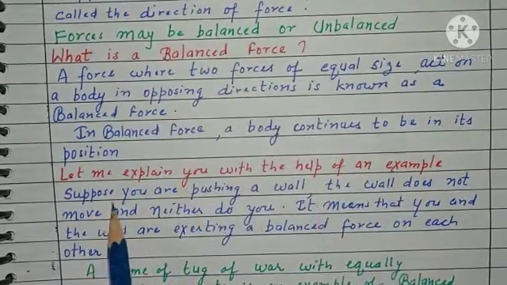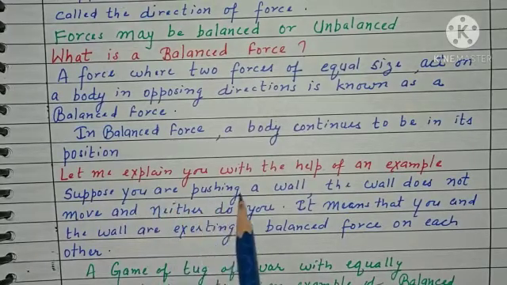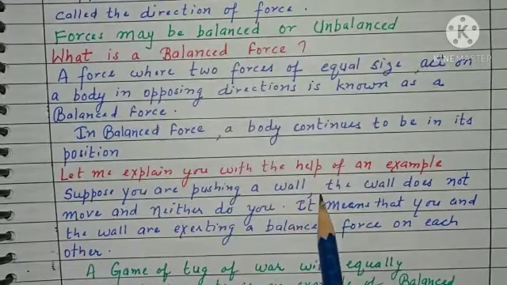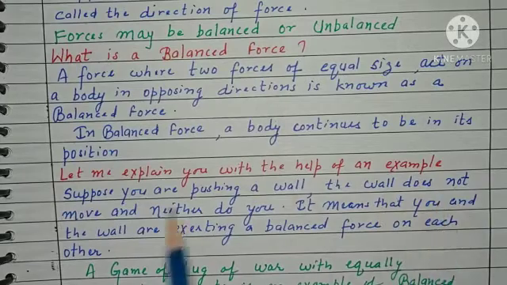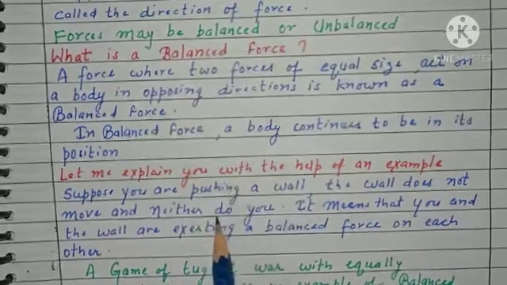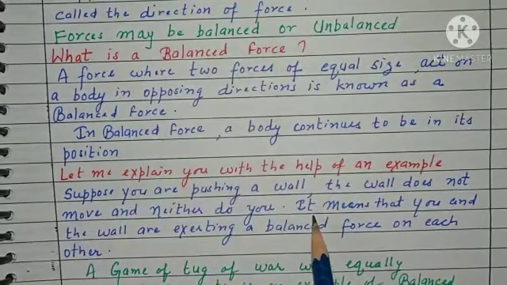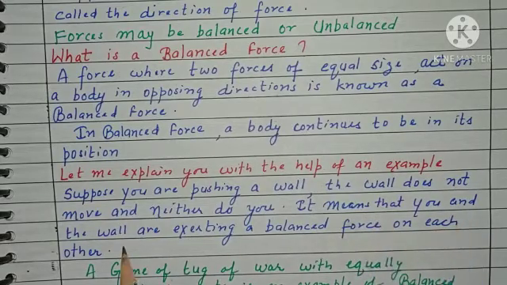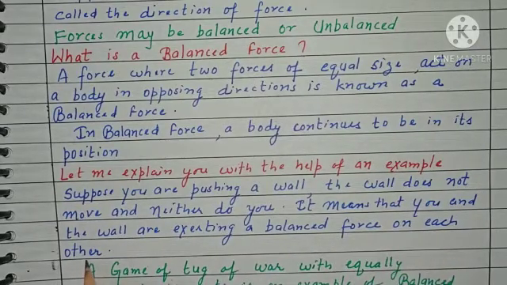Suppose you are pushing a wall. The wall does not move, and neither do you. It means that you and the wall are exerting a balanced force on each other.